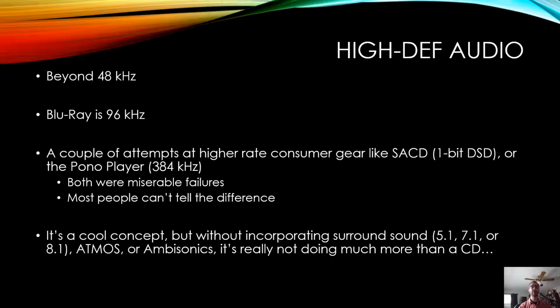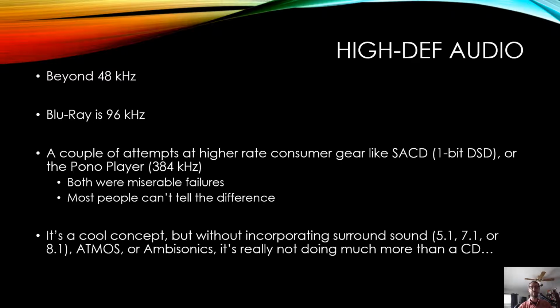High def audio is technically anything beyond 48K. Like Blu-ray is 96. There's a couple of attempts at even higher rates for consumer gear like Super Audio CDs, which was 1-bit direct stream digital, or the Pono player, which was 384K, but both were miserable failures for the simple reason that above 44.1, most people honestly cannot tell the difference, and the people who say that they can are usually lying.